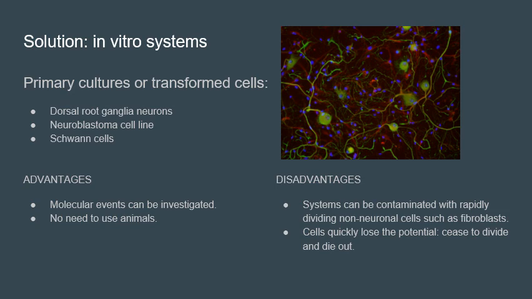However, cells in these systems quickly lose their potential to divide and so apoptose. These cultures can also be contaminated with non-neuronal cells that rapidly divide. Although this eliminates the need for animal models in early development, in vitro systems cannot provide all the information needed to pass a drug to clinical trials, so animal models are still needed at present.